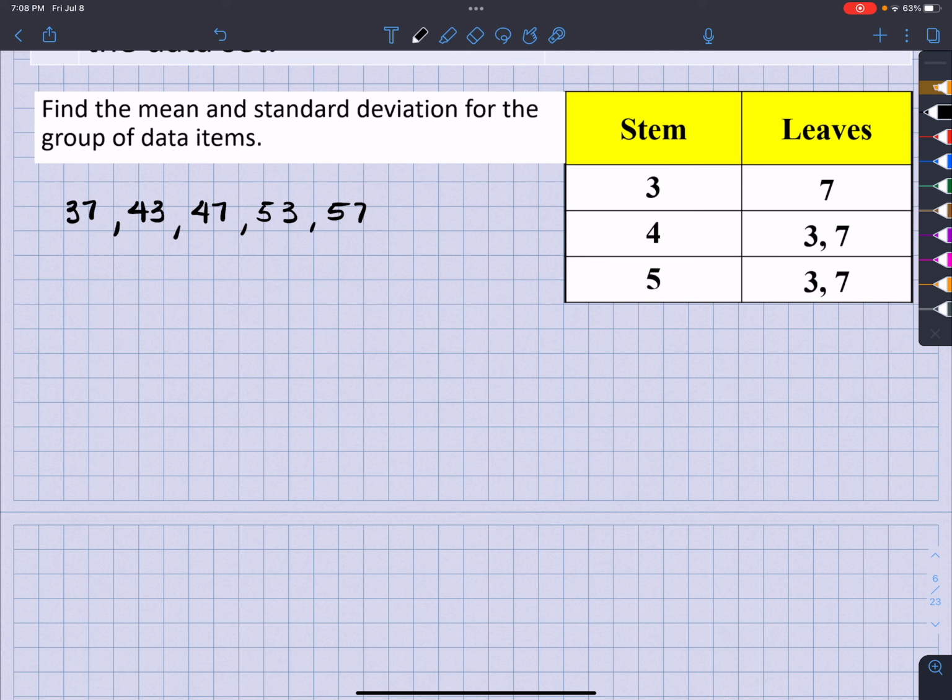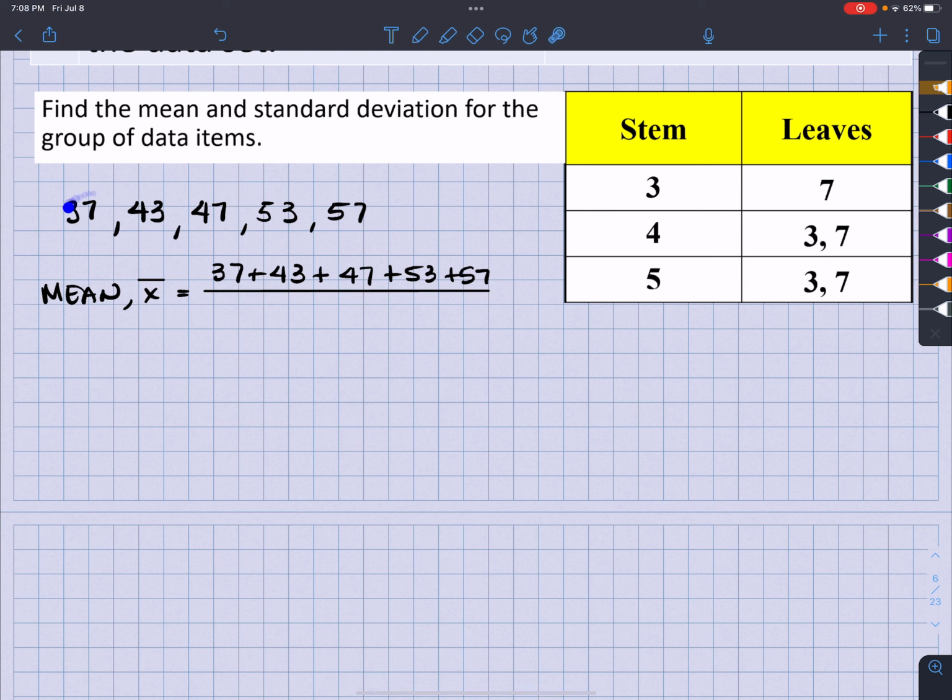To find the mean, I need to add those up: 37 plus 43 plus 47 plus 53 plus 57. How many data items are there? 1, 2, 3, 4, 5.